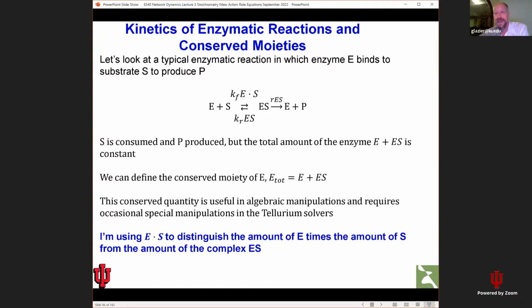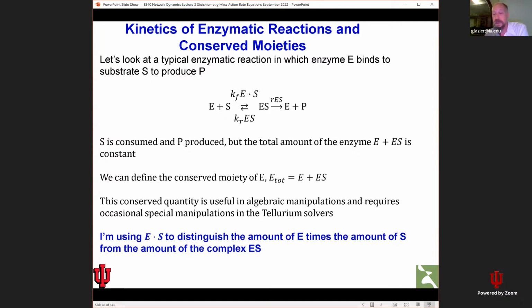However, if we had 3A goes to B, then A plus B wouldn't be conserved. It would be A plus 3B that's conserved. And so conserved moiety means that there is some combination of our concentrations which is conserved, but it doesn't have to just be their linear sum. It could be something more complicated.